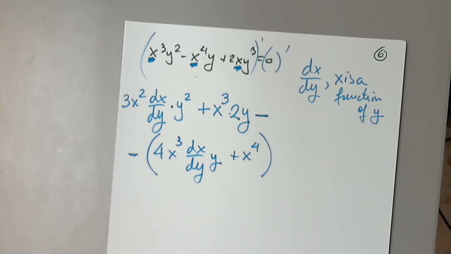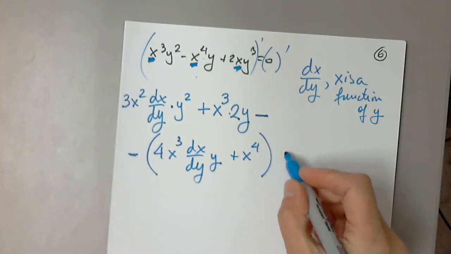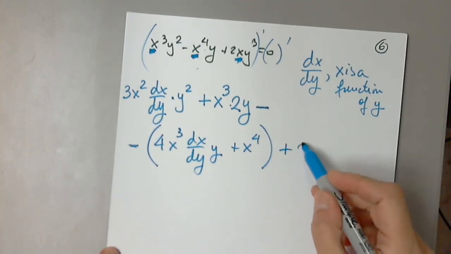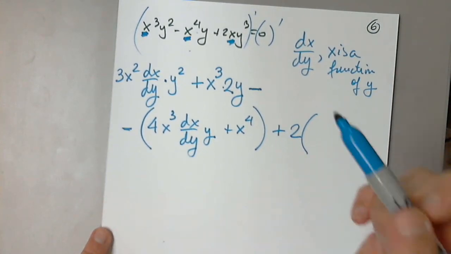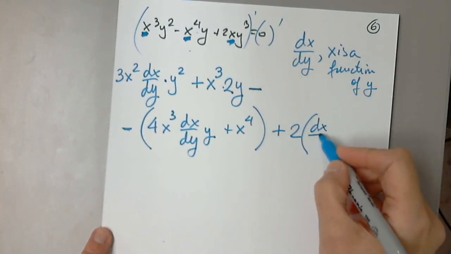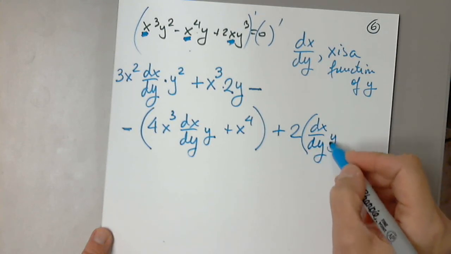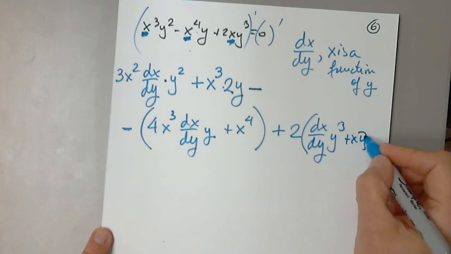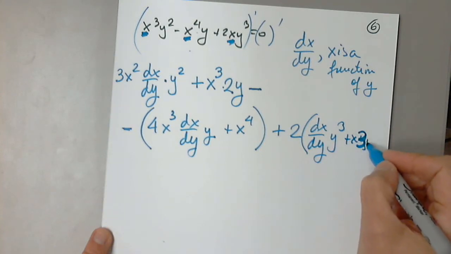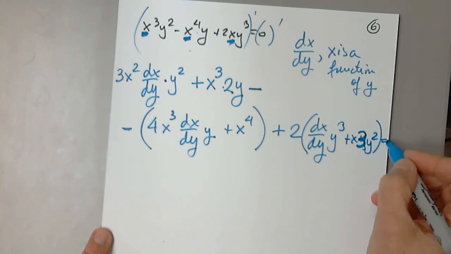Now we reach the last product, plus. Leave 2 outside, don't even bother with it. The first function prime would be dx over dy times y cubed plus x times 3 times y squared equals 0.